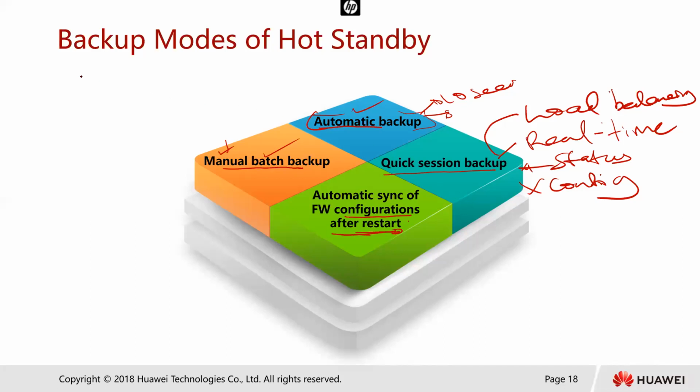Maybe you have updated or upgraded the firmware of your firewall, or it's misbehaving, and you decide to restart it. You pass on the restart command, and your firewall is restarting. During the process of restarting and maybe even upgrading, this firewall is not available. And if it was the active firewall, that means it's no longer going to be the active. The peer is not going to receive 3 hello packets within the 3 seconds.